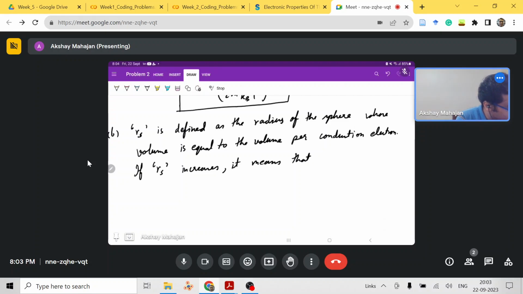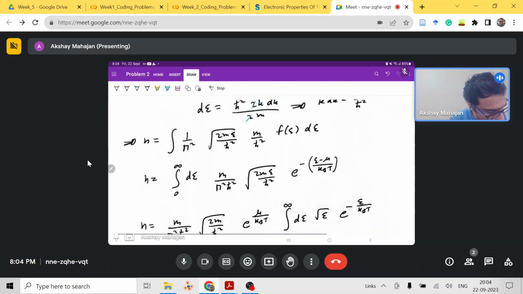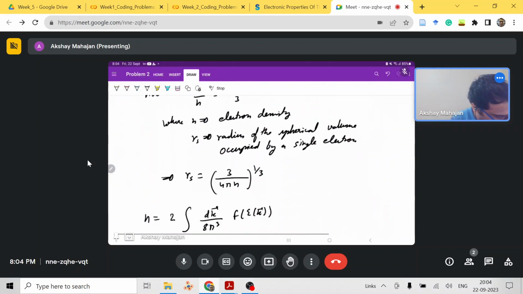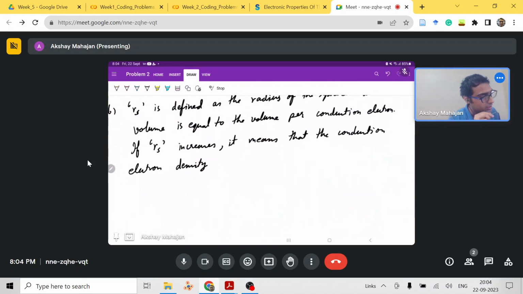It means that the conduction electron density, and I have written here n is the free electron density, decreases.